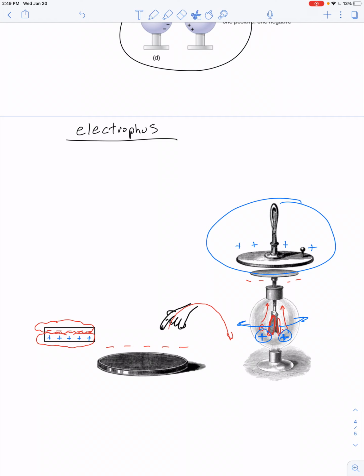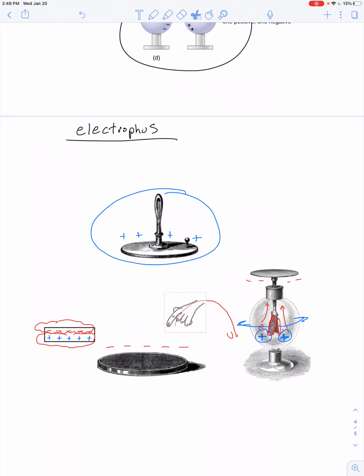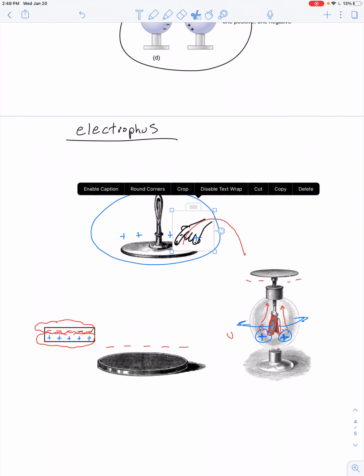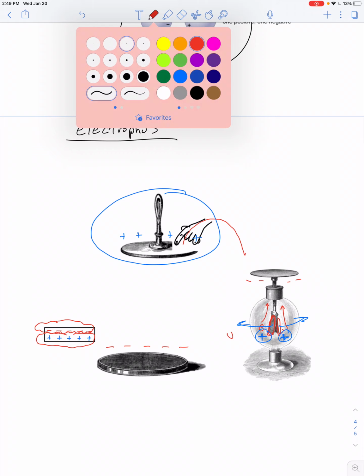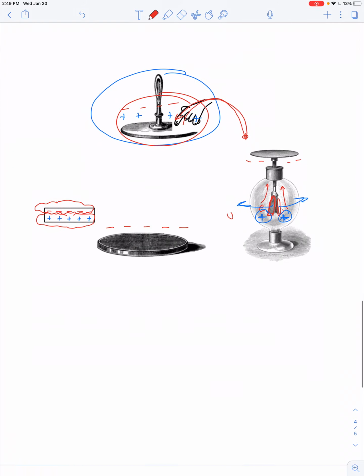At that point, if you pull the plate away, touch it again, now the electrons can come from the earth and flow back through your fingertip and back into the metal plate and neutralize it once more. So the electrophorus gives us an example of both charge by conduction and charge by induction.